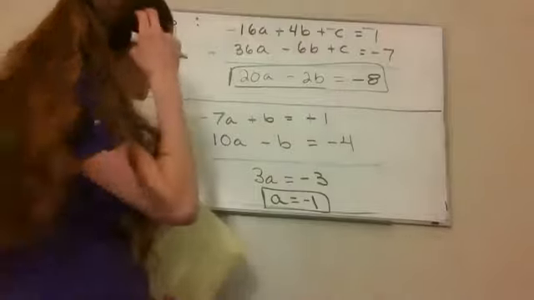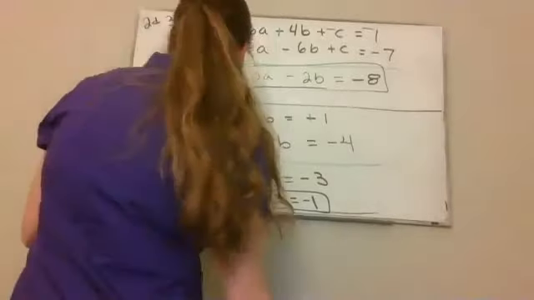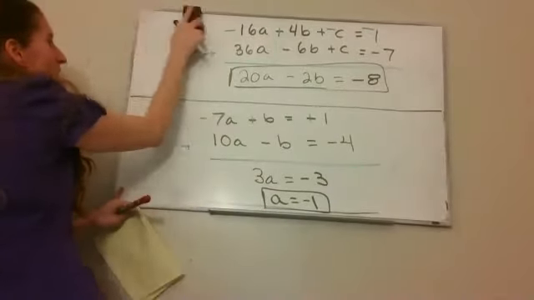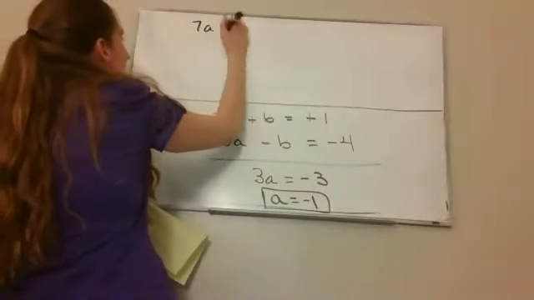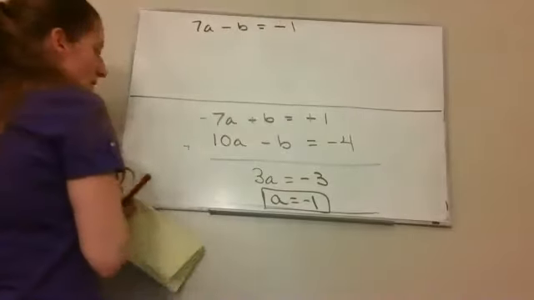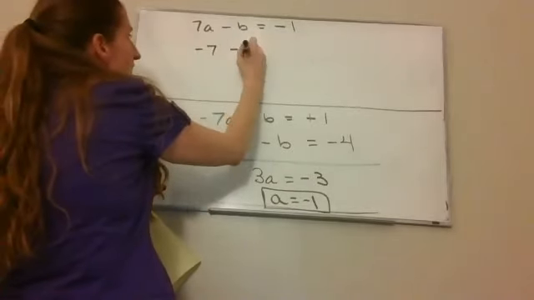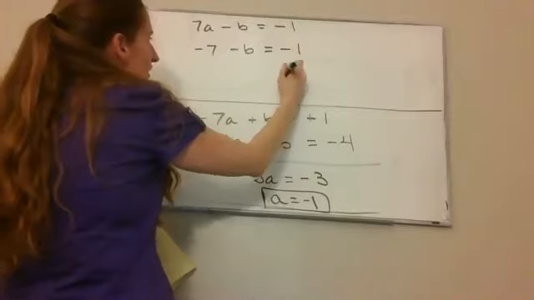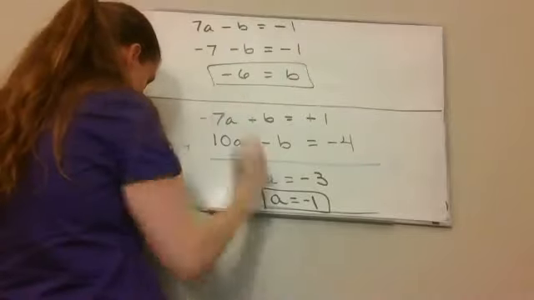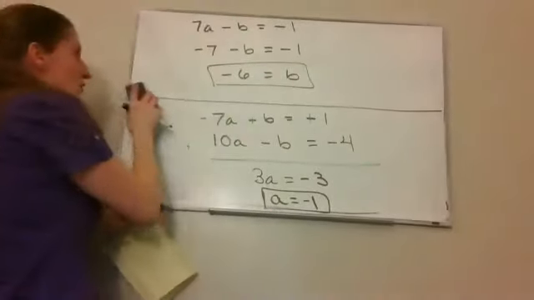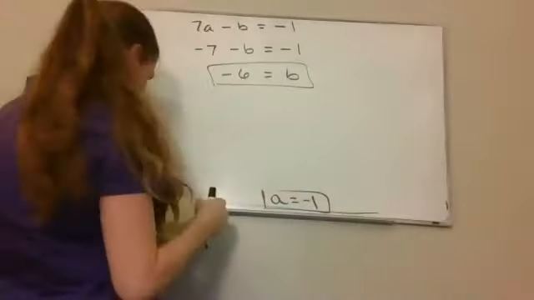A is -1. To find b, we just use one of these equations that we just found. I'll use the 7a minus b equals -1 equation. My a is equal to -1, so when I plug that in, I get -7 minus b equals -1, which is the same thing as b equals -6. And now, to find c, all I have to do is just take one of my original equations.